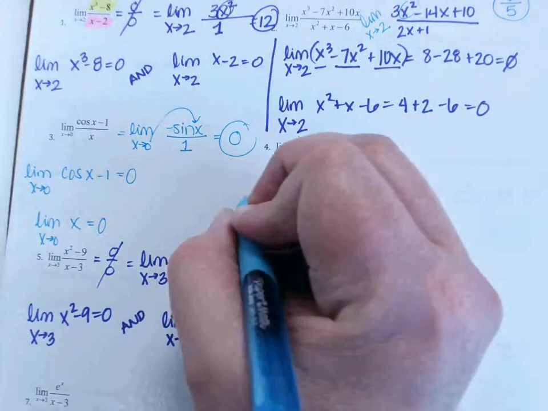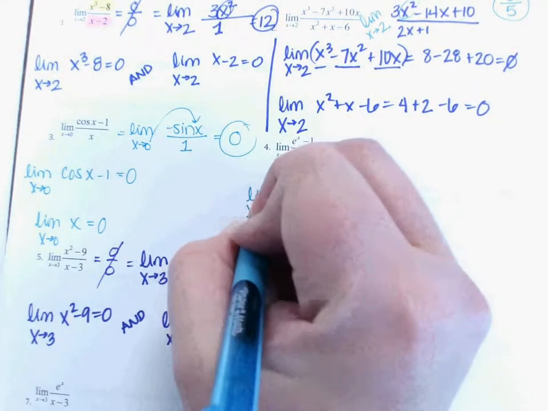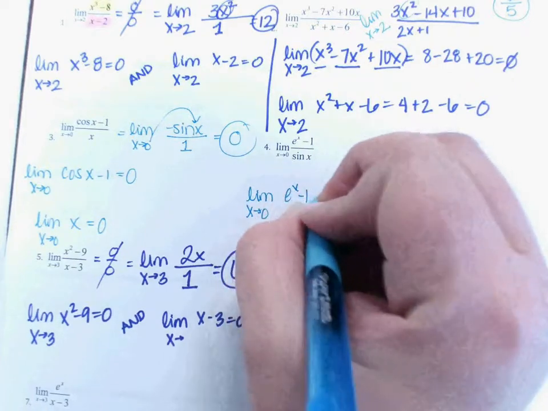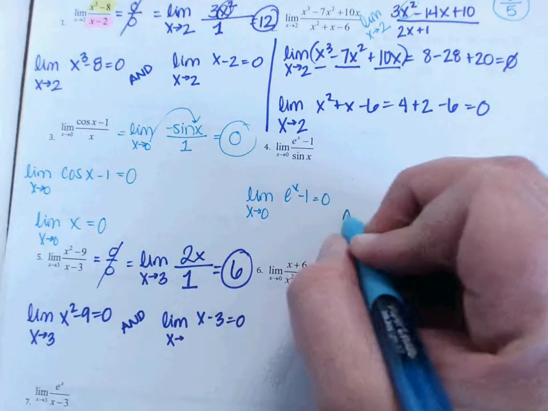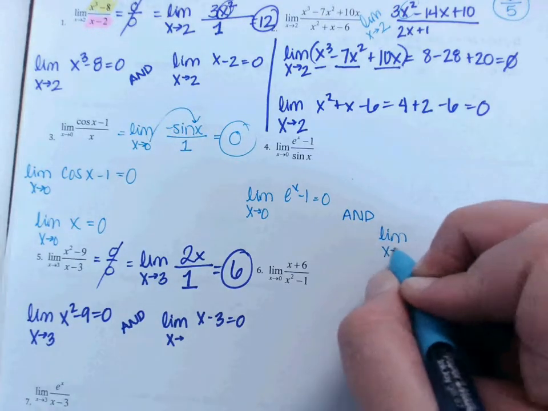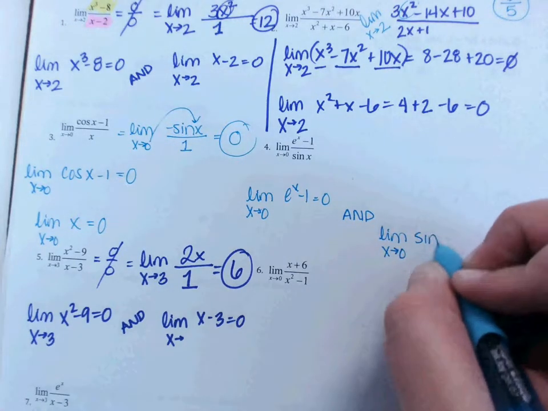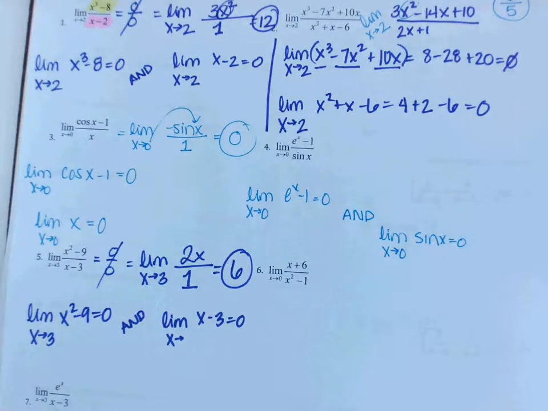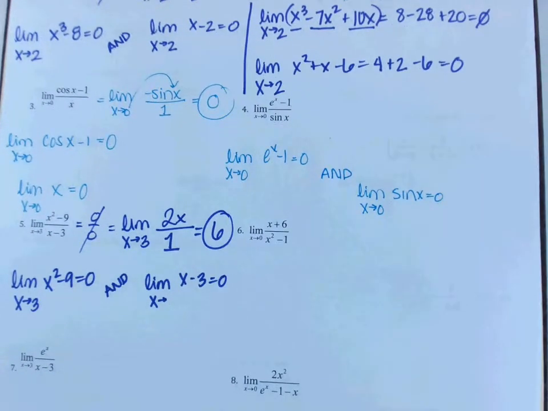So, x approaching 0, e to the x minus 1 is 0, and the limit of sine x is 0. And because both of my individual limits, top and bottom, came out to be 0, I can take the derivative. What is the derivative of the top?